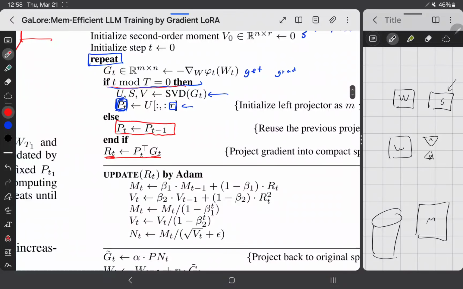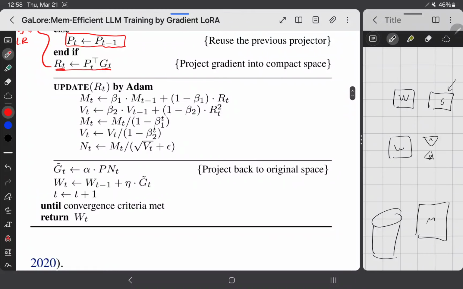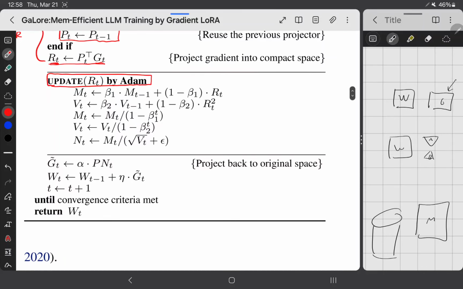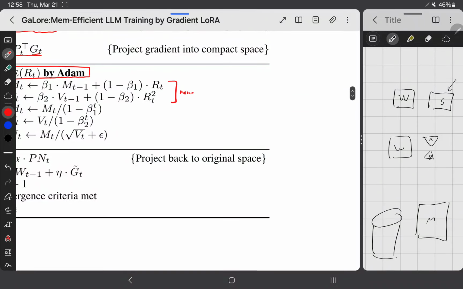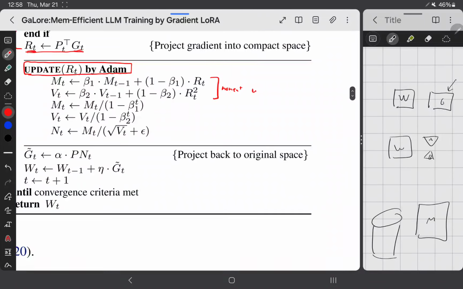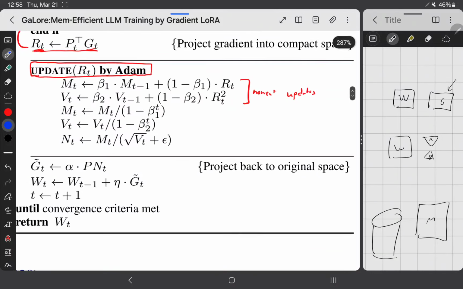Now, this is just step one, your projection to low rank. The second thing you do is you update your matrix using your optimizer, or using your regularizer, rather. So in this case, you have your moment updates. And here I think they actually got the notation a little bit wrong.